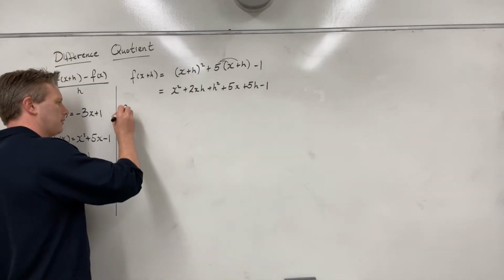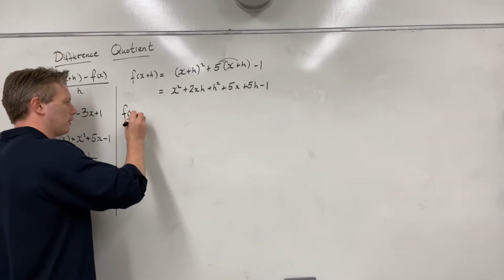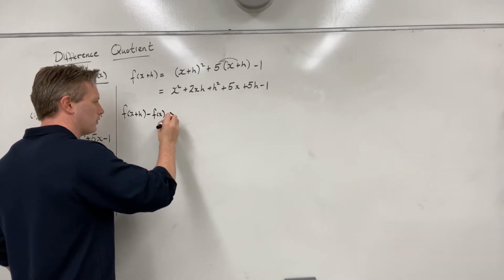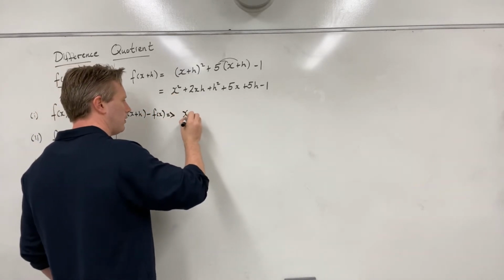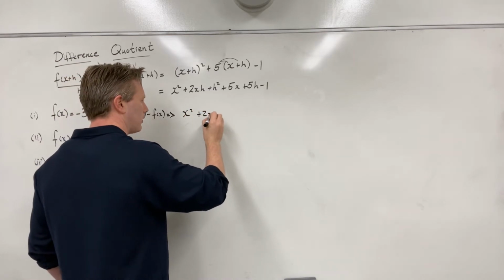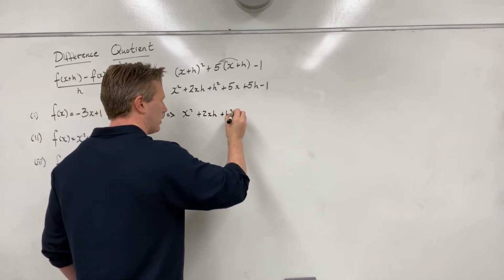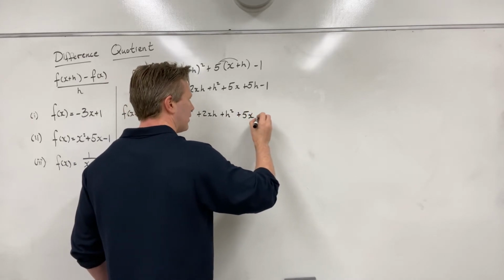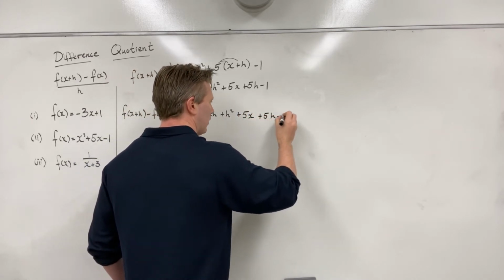And my next step is to take f of x plus h and subtract f of x. So that will be, bringing this down, x squared plus 2xh plus h squared plus 5x plus 5h minus 1.